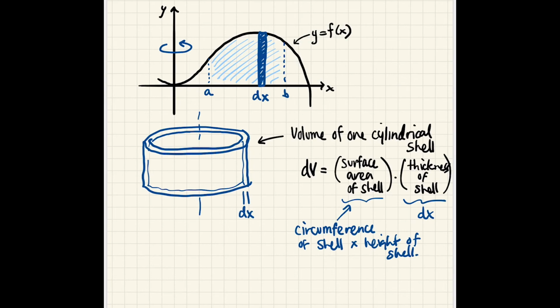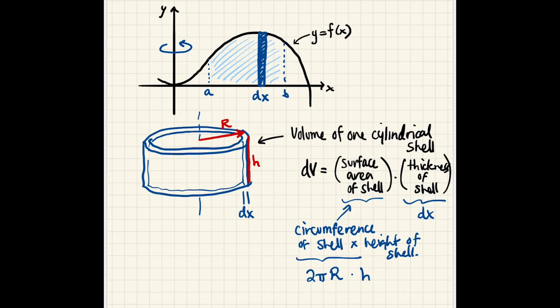Well, for that we need a notion of radius. So the circumference would be 2 pi times the radius. And what's the height of the shell? Let's just call it h. And here's the height of the shell on the shell. There's our h.